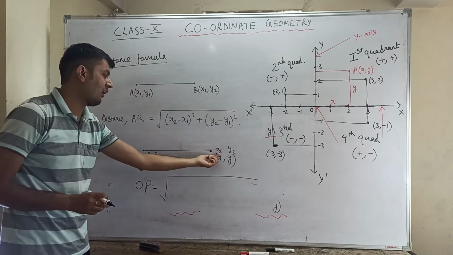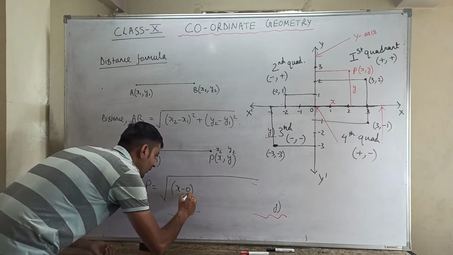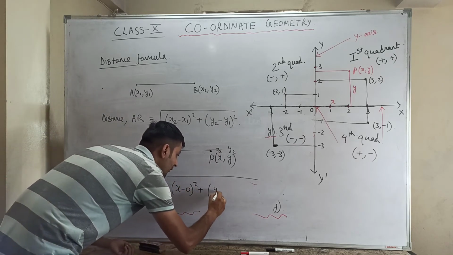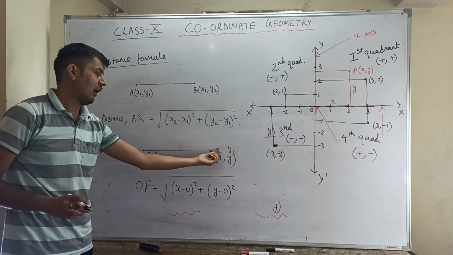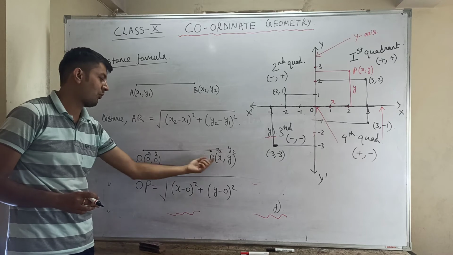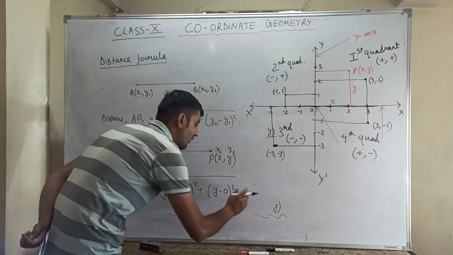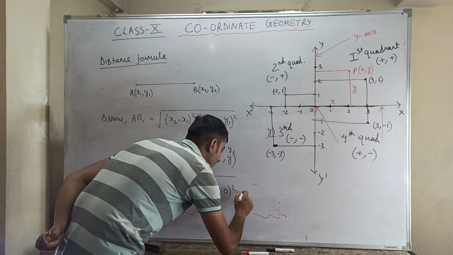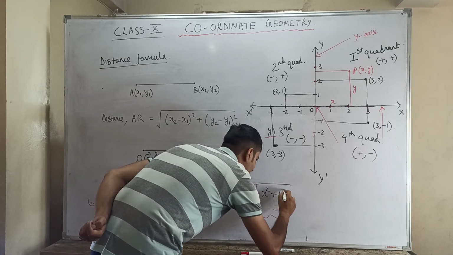So you do x2 minus x1, so x minus 0 whole thing square, plus y minus 0 whole thing square. So this is equal to root over x square plus y square.